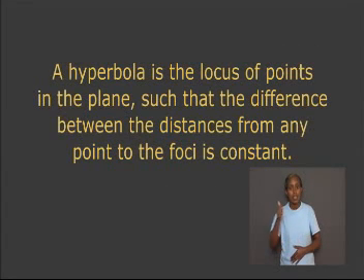A hyperbola is defined as the locus of points in the plane, such that the difference between the distances from any point P at x, y to the foci is a constant.